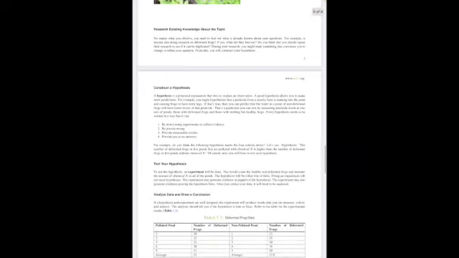Construct a hypothesis. A hypothesis is a proposed explanation that tries to explain an observation. A good hypothesis allows you to make predictions. For example, you might hypothesize that a pesticide from a nearby farm is running into the pond and causing frogs to have extra legs.